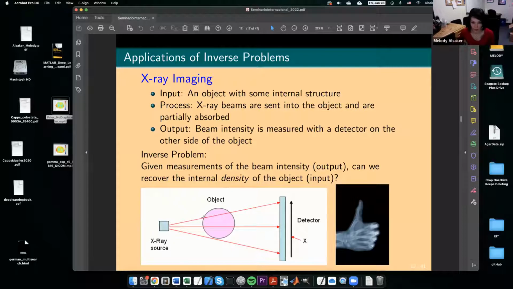Any beam that passed through the object is partially absorbed or attenuated by that object. So the outputs are the beam intensities that are measured on this detector plate over here. Given the measurements of the beam intensity, can we recover the internal density of the object?